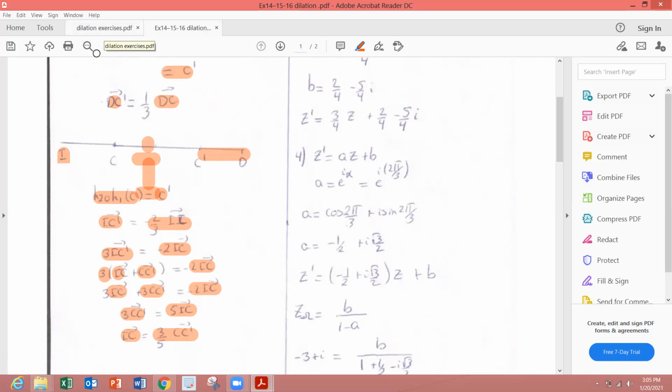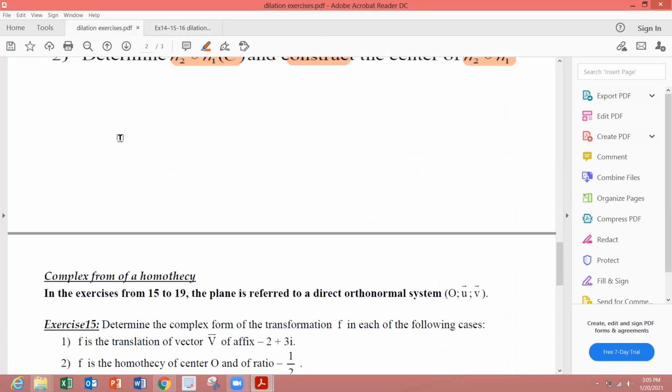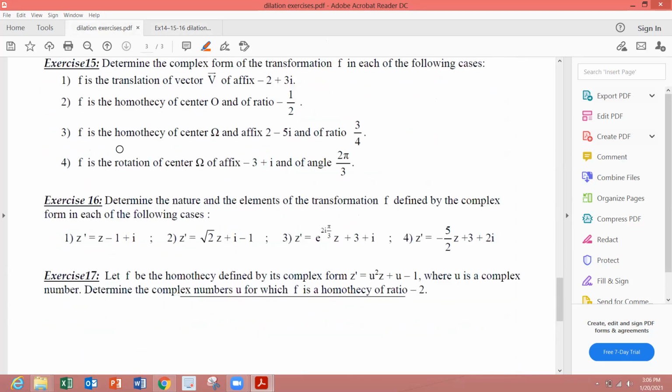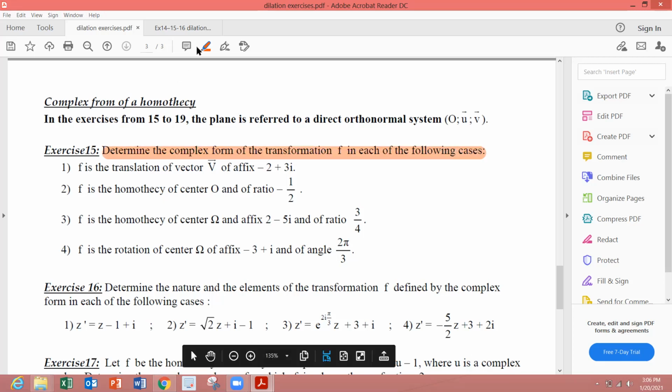Now we go to exercise 15. Determine the complex form of a translation F in each of the following cases. We have 3 types of complex transformations.